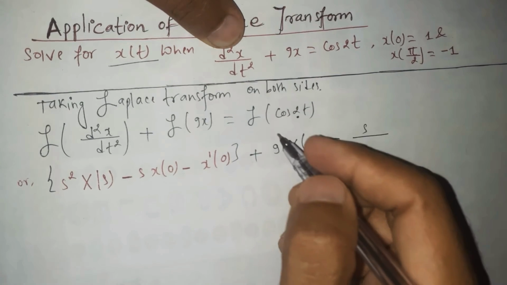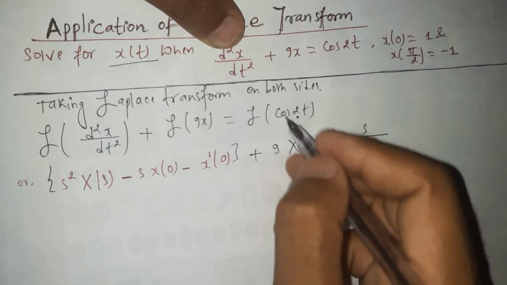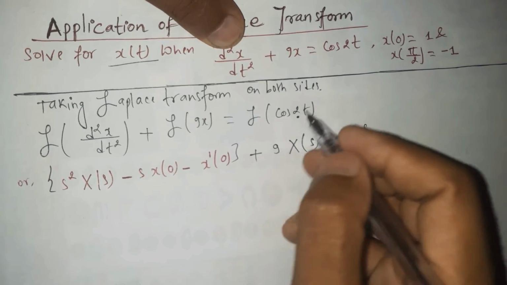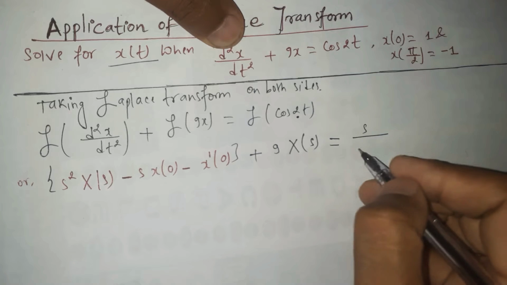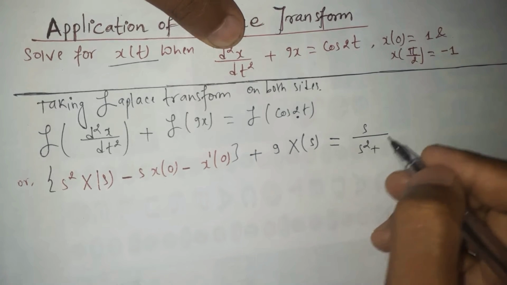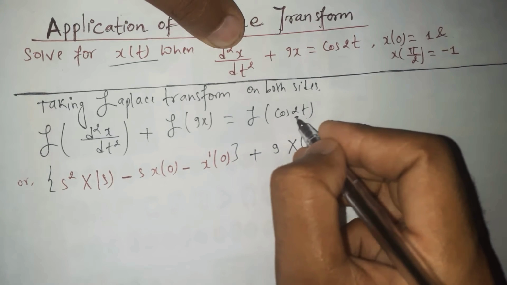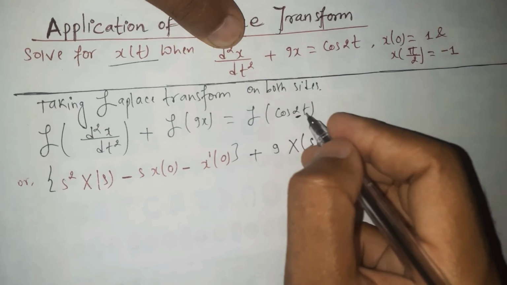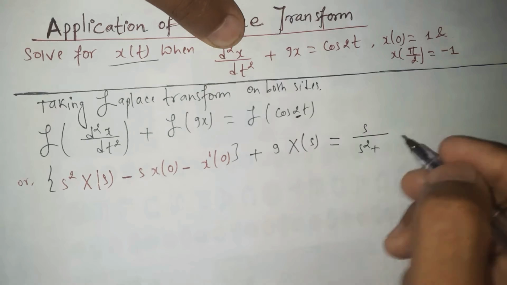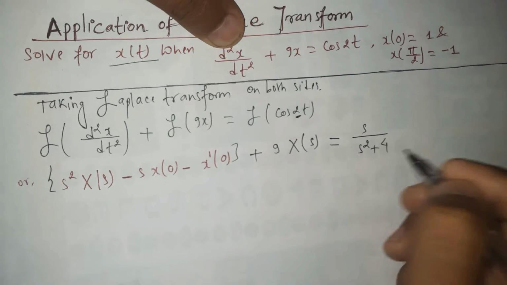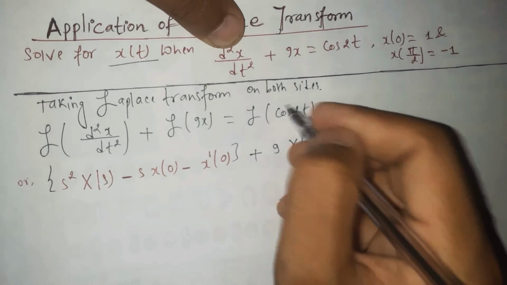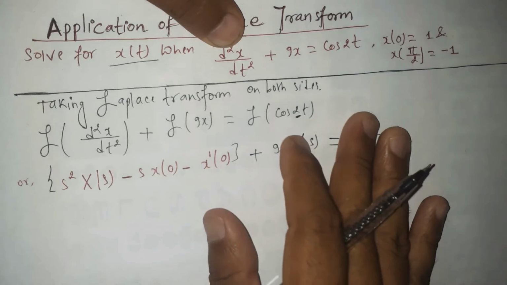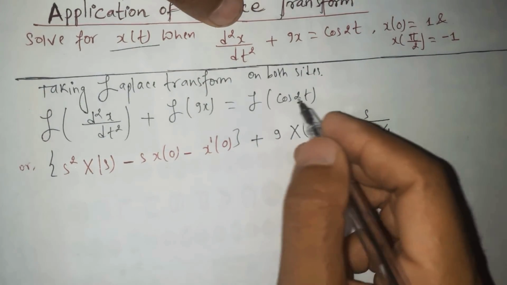Please remember this formula: the Laplace transformation of the cosine function is s over s square plus omega square. Here the coefficient of t is taken as omega, which is 2, and 2 square gives 4. This is the Laplace transformation of cosine 2t.